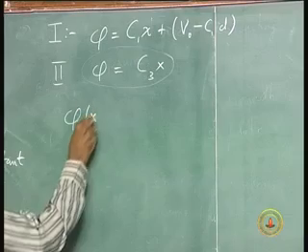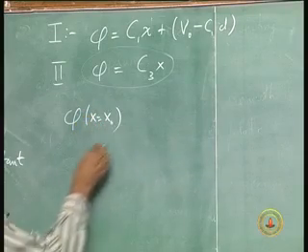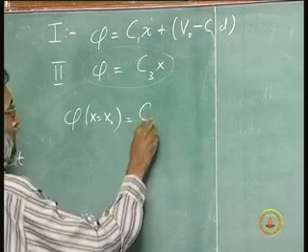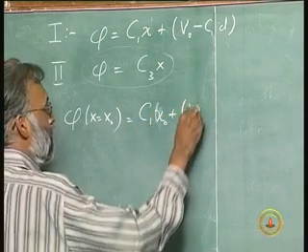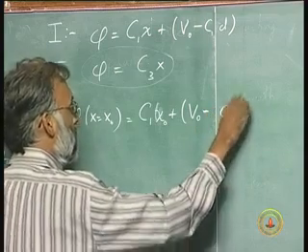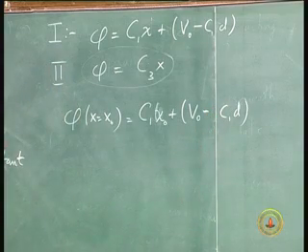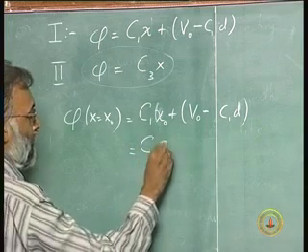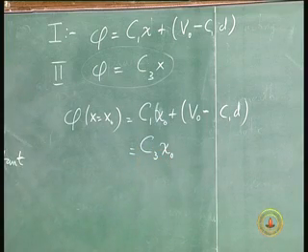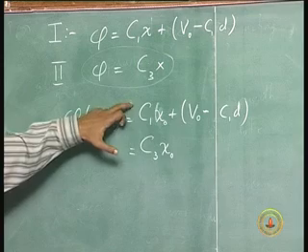Phi at x equals x naught according to region 1 is C1 times x naught plus V naught minus C1d, and according to region 2 it is equal to C3 times x naught. So, I have a connection between these two.